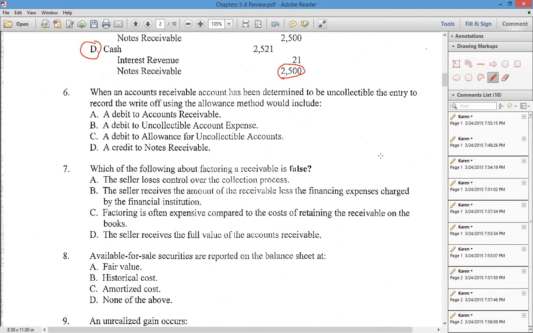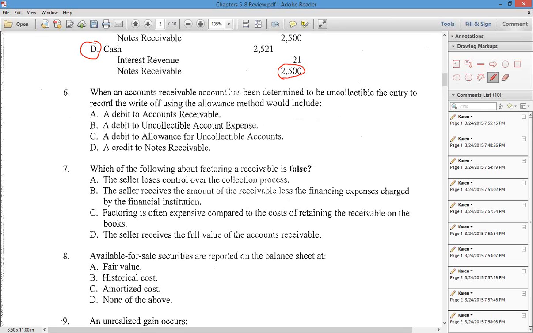So question number 6, when an account receivable has been determined to be uncollectible, the entry to record the write-off using the allowance method would include... I would always recommend, anytime it's asking you about a journal entry, let me reread this.